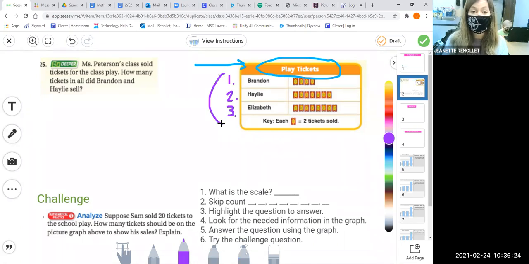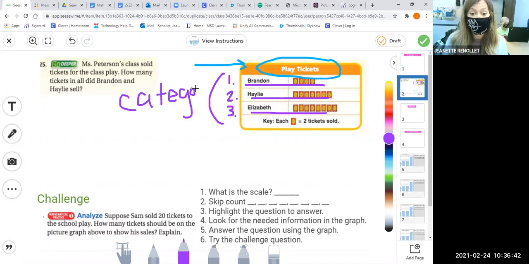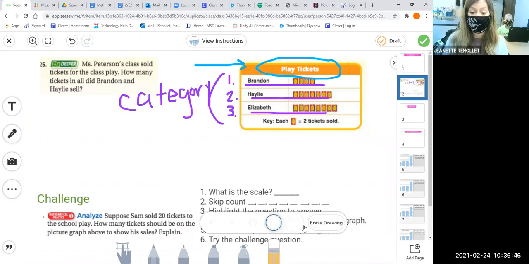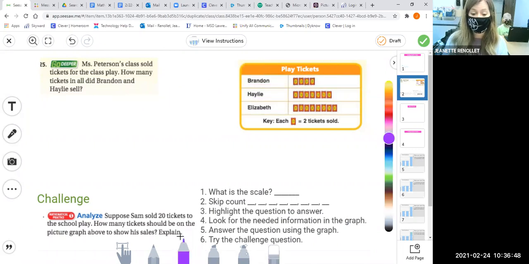There are 3 categories of information. All of them bought tickets to go see a play, but our graph is broken down into 3 categories. It is important that you know this word categories and that you can identify it on a graph. That's really important for us to do, so you know how the data is organized.